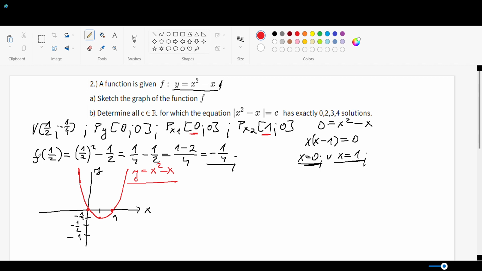So the function is the absolute value of x squared minus x, because it's quite important. And this is the graph of our function. So I will use a nice picture here. Okay, let's use this one.